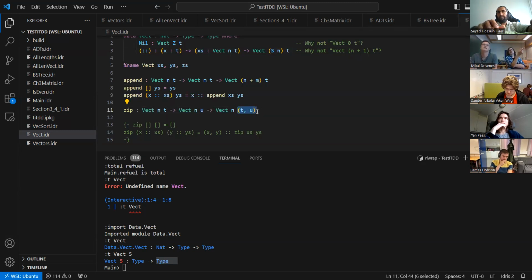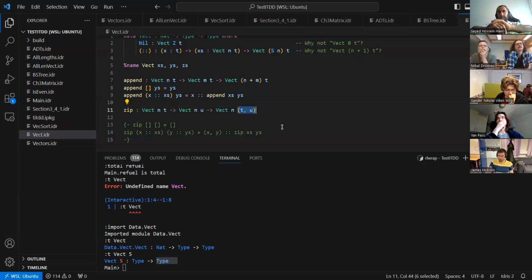Is it possible to specify that they can be of different sizes, but the result has to be the lesser size of the two? I'll leave that as an exercise. But if you want to do that, then you probably don't care about the sizes, and then your data structure of choice is list rather than vectors.